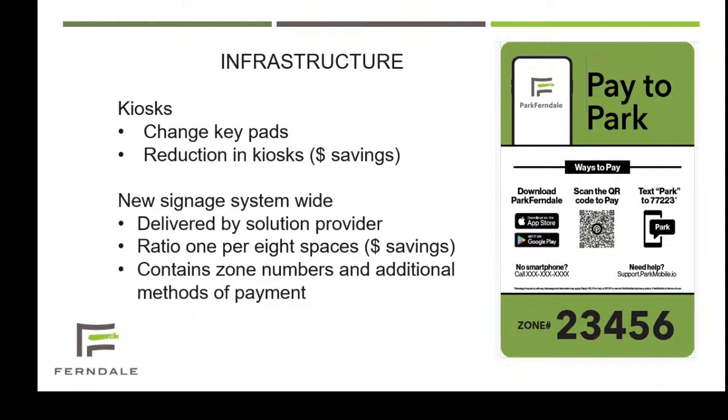The service provider is going to provide those signs. The ratio of signs in a given footprint is 1 sign per 8 spaces, as opposed to 1 sign per 2 spaces. There's a cost savings there. And then the zone numbers and additional methods of payment are another one of the benefits here.